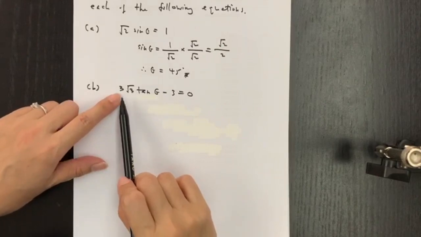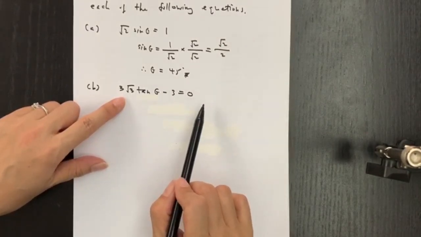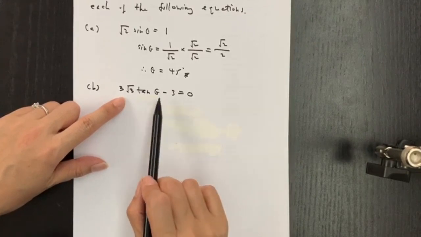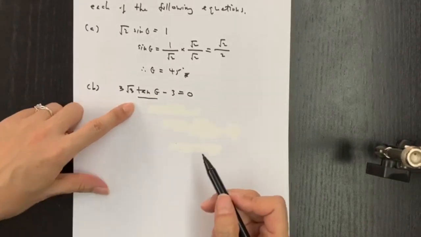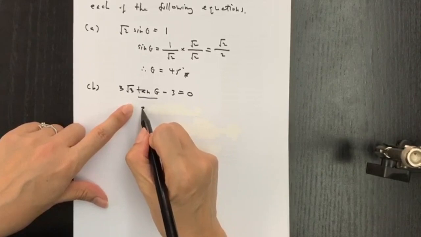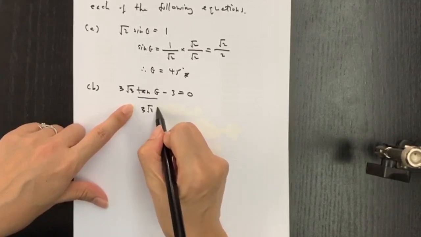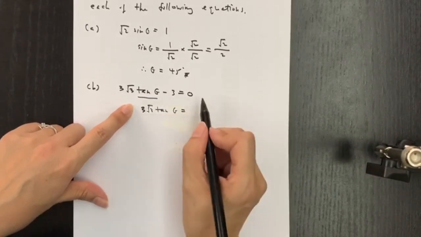Okay, next one, we have 3 root 3 tangent theta minus 3 equals 3. This is the equation given to us, and now we have to find the value for theta. The first thing, change the subject to tangent theta, and then do it step by step. So that would be 3 root 3 times tangent theta. I move this 3 to the right hand side.